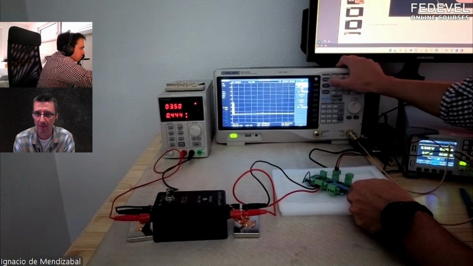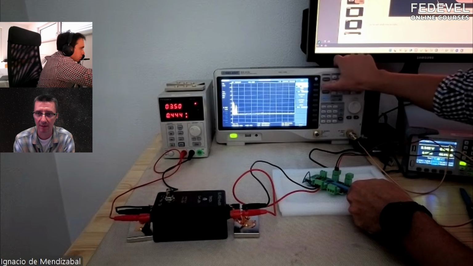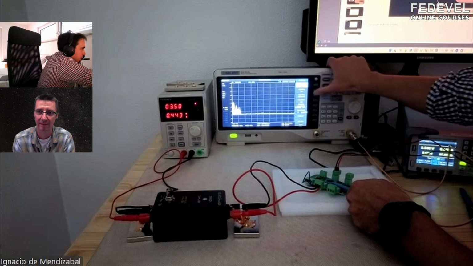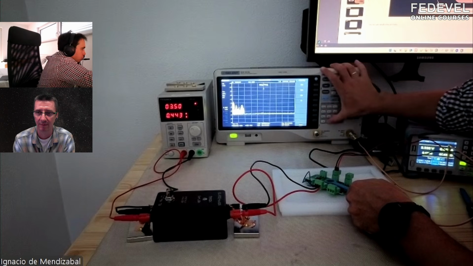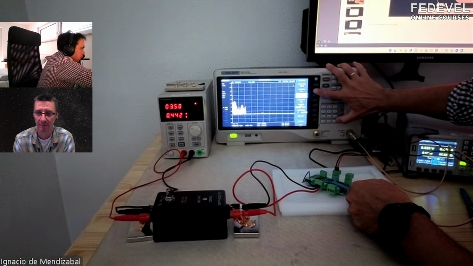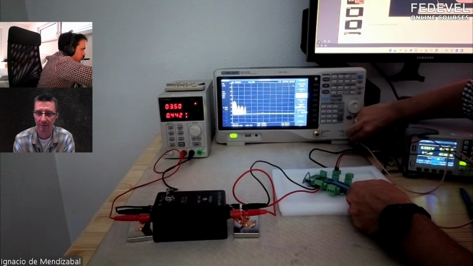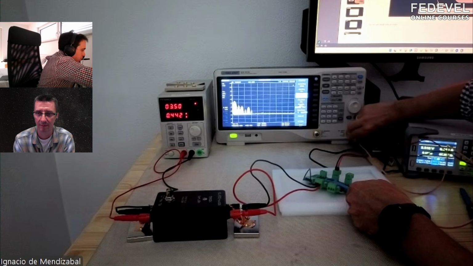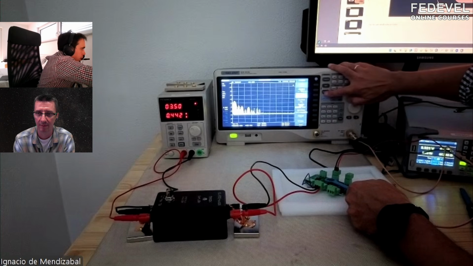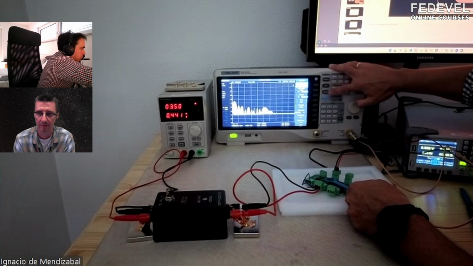I guess we should say something. Oh yeah, something is coming. So let me go back to 200 mega so that the measurement is faster. And related to amplitude, we have everything off and the attenuator.